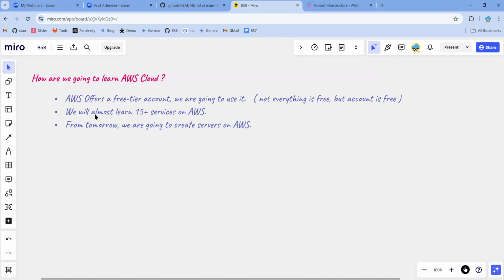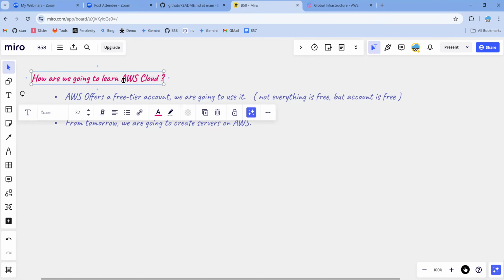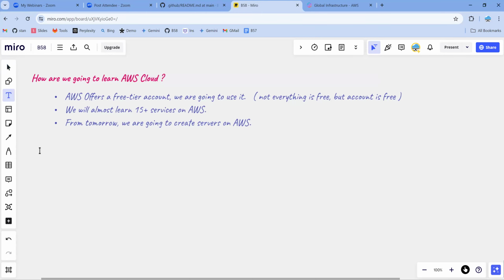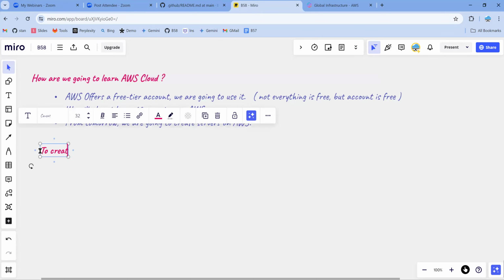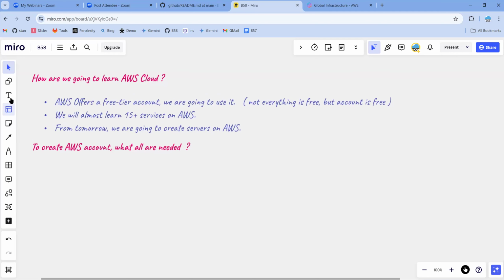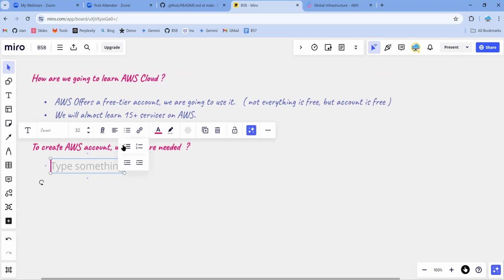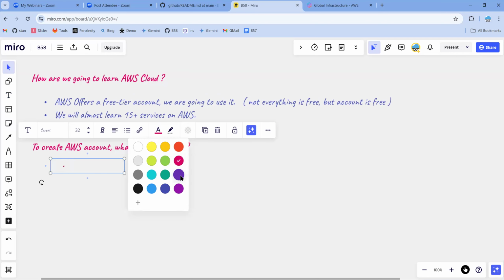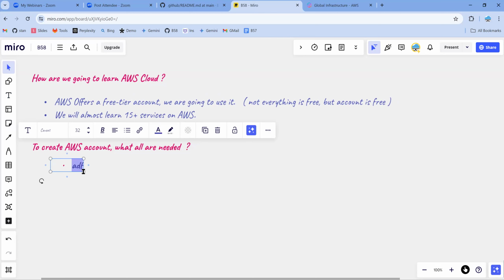Now, to create a free tier account on AWS, what is needed?